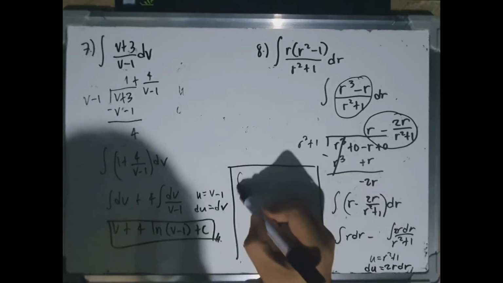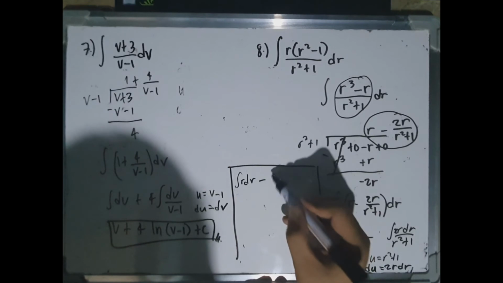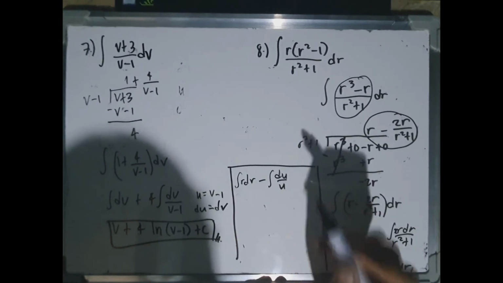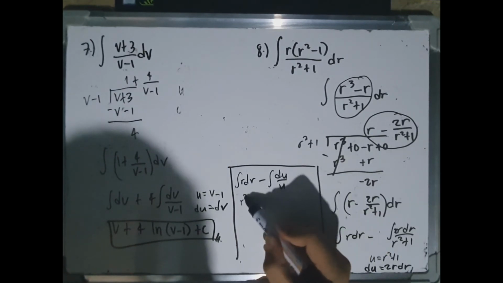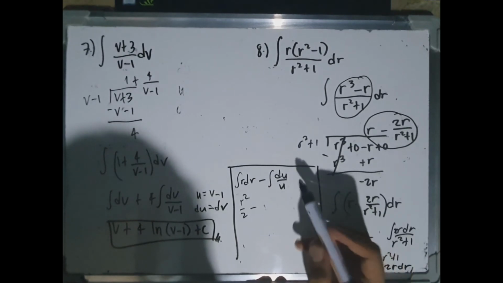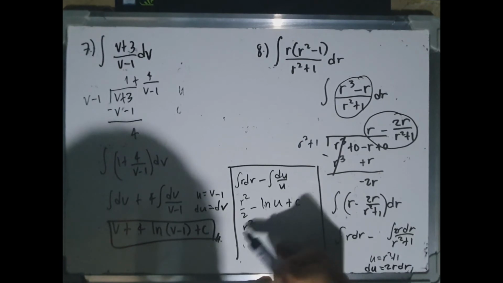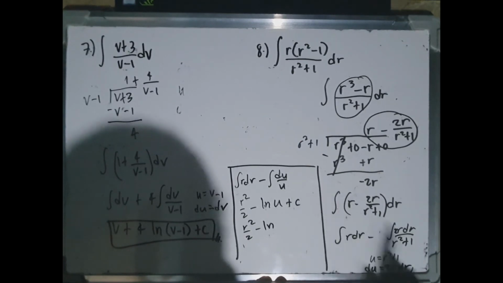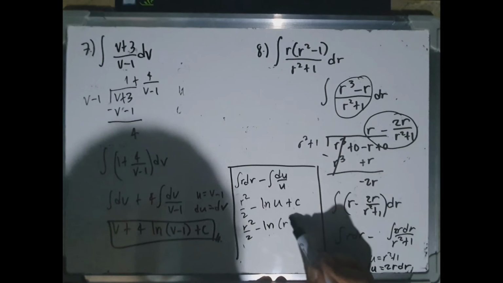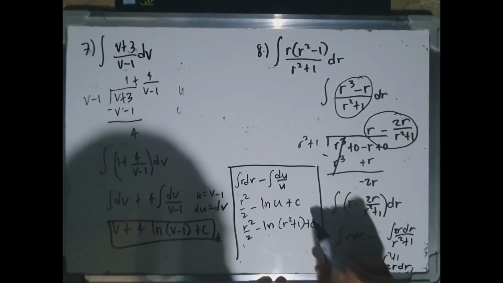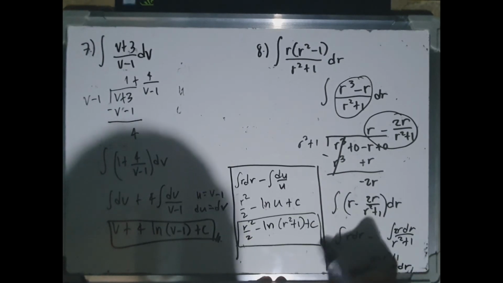So we now have the integral of r dr minus the integral of du over u. r dr, that is r squared over 2, minus du over u, that is ln of u, plus c. What is our original value of u? We have r squared plus 1, plus c. This will be our final answer.